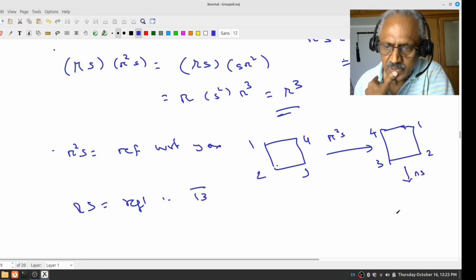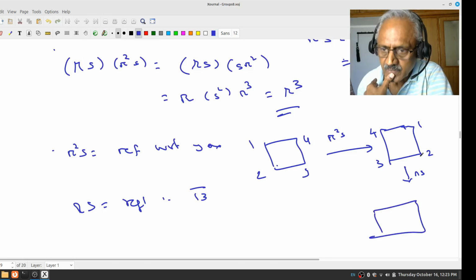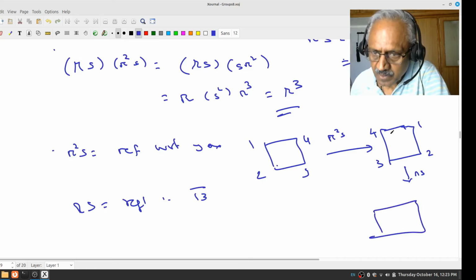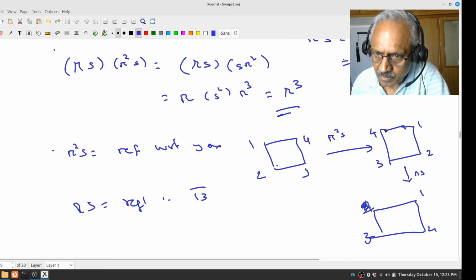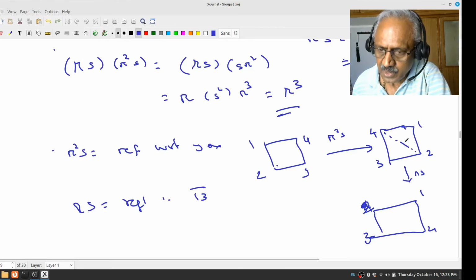That means you have to reflect with respect to this diagonal, which fixes 1 and 3. Therefore this will be 2 and 4 swapped. You understand? Reflection with respect to this is the line, this diagonal. Okay, that is going to be 1, 3, 2, 4.